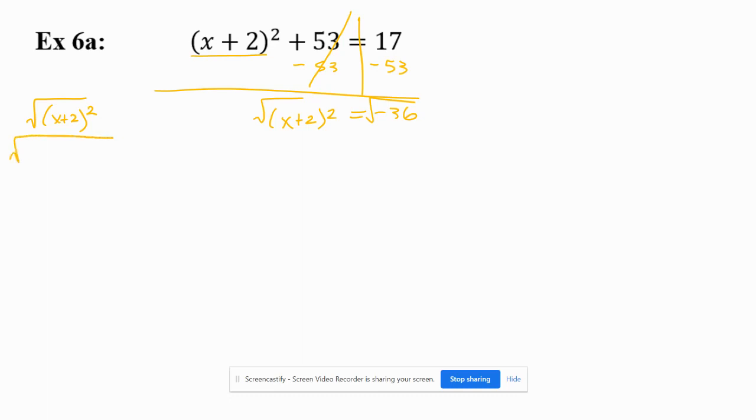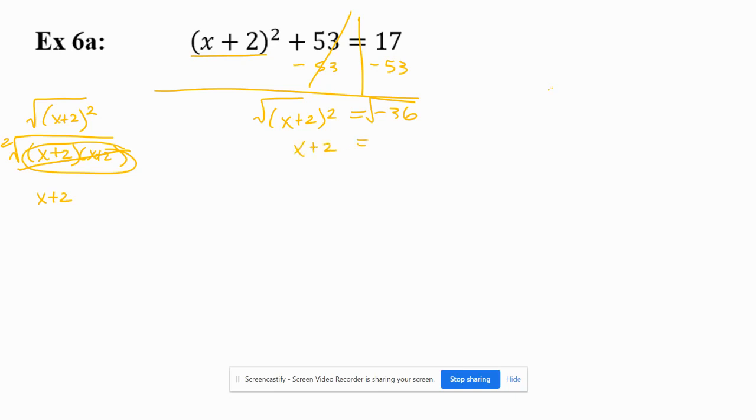So if I expand it, x plus 2 squared is the same thing as x plus 2 times x plus 2. Remember, my index is 2, so I'm looking for pairs of 2. Here's my pair of 2. So I'm going to take one of those out, which means they both cancel. And because I no longer have the parentheses or the exponent 2, I can just write it as x plus 2.